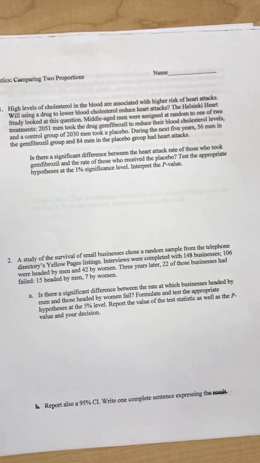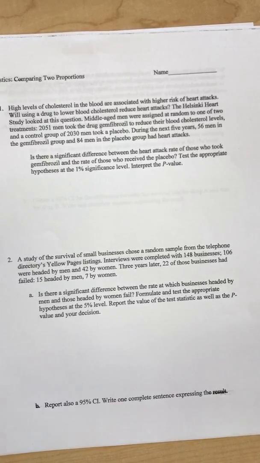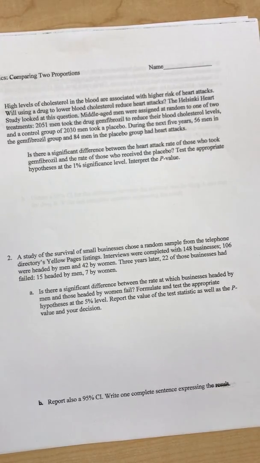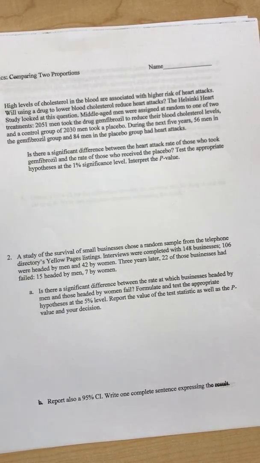Remember that the four-step process is going to look similar to the problem that I just did. So you're going to start off with stating the problem. You're going to form a plan where you check your conditions. We are going to actually calculate a z value, and then you're going to draw a conclusion.